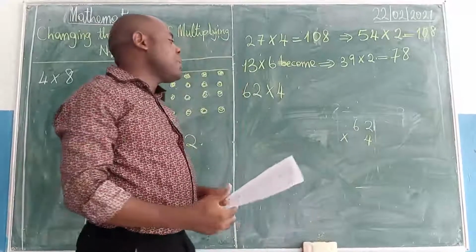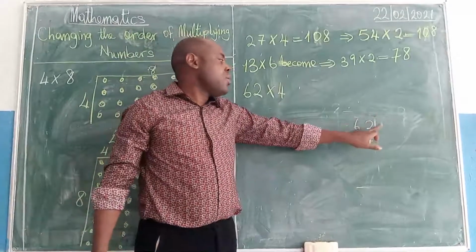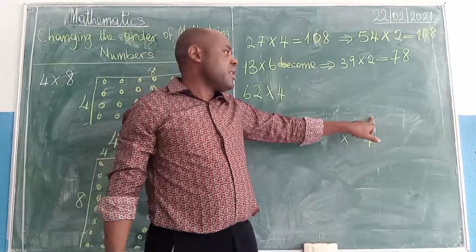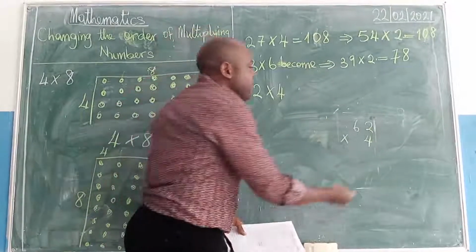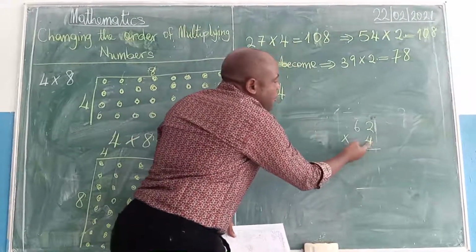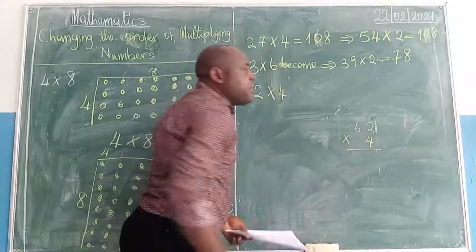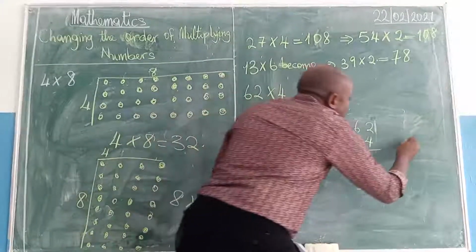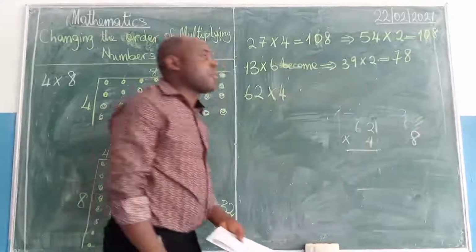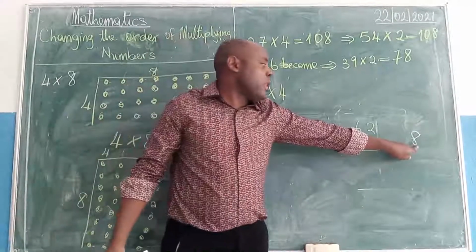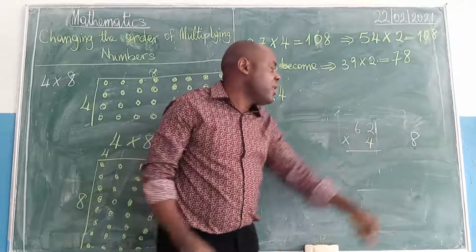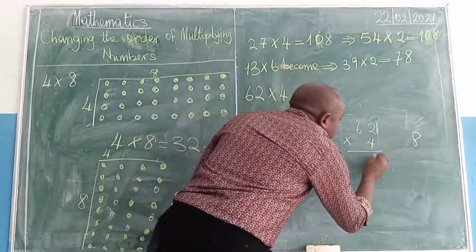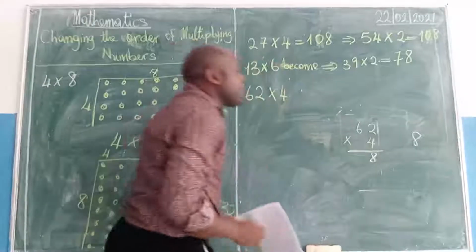I said whenever we see two numbers, we use the tens and unit method. So we have 4 times 2 gives me 8. I put my answer first at the rough work column. So 8 is only one number. We don't need to reserve any. So we bring down our 8 and put it as the answer.